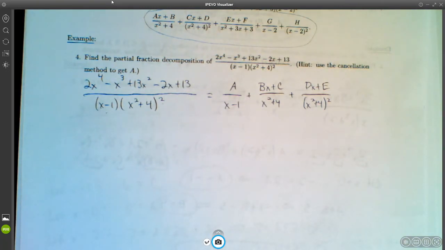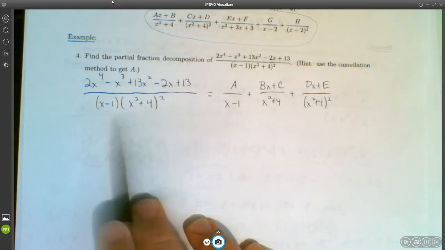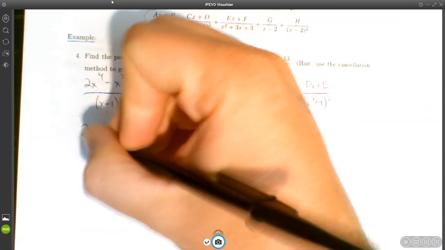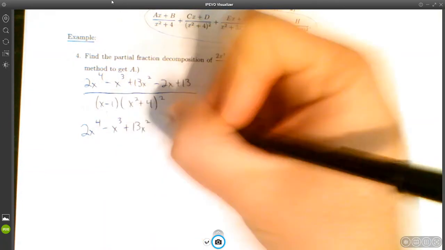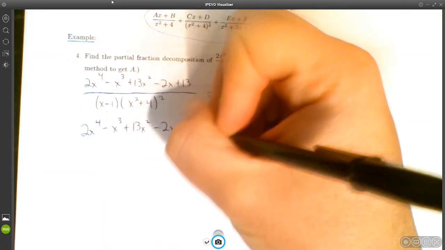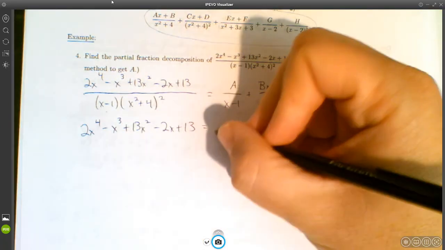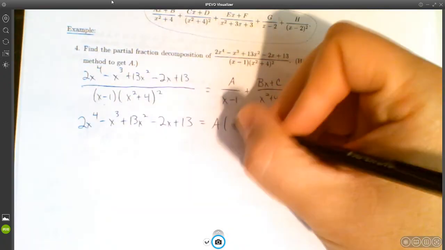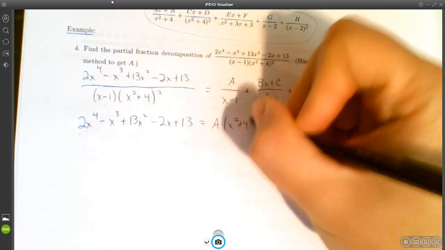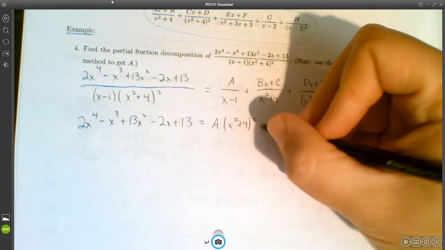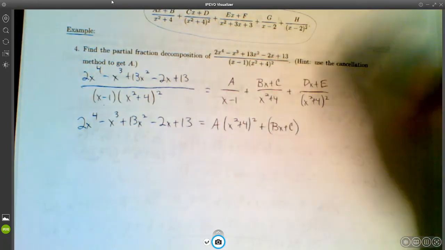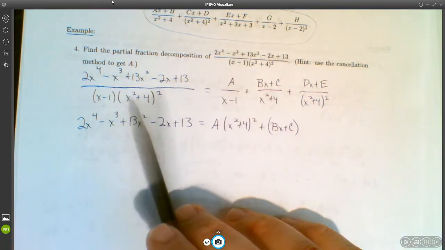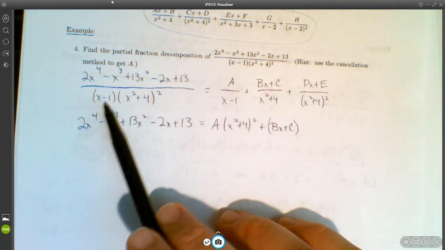Now to solve for a, b, c, d, and e, we need to multiply through by this fraction to clear the fraction. So we get 2x to the fourth minus x cubed plus 13x squared minus 2x plus 13 equals a times, the x minus 1's would cancel, leaving the x squared plus 4 squared, plus bx plus c times, the x squared plus 4's would cancel and leave an x squared plus 4 and also the x minus 1.